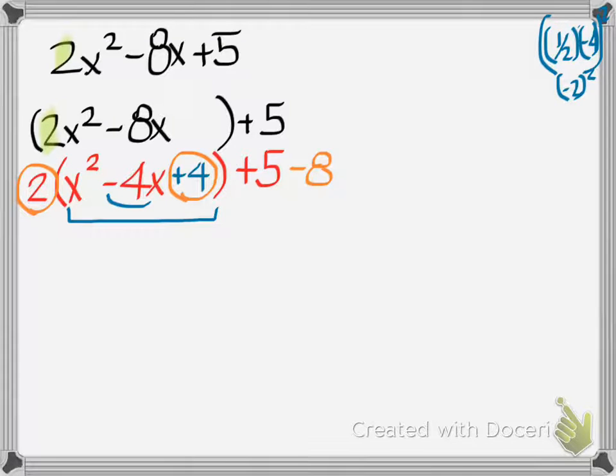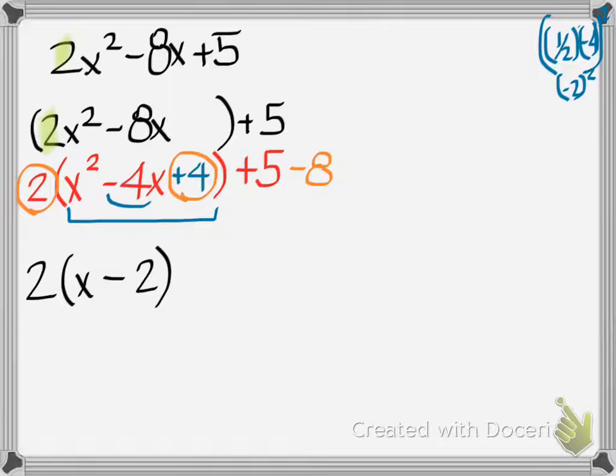At this point, we can factor the perfect square trinomial, and then combine the two constant terms. So I'm going to drop down my 2. When we factor x squared minus 4x plus 4, remember, this is a perfect square trinomial, so we take the square root of the first term, x squared, which is x, then we take the sign of the middle term, which is negative, and then the square root of the final term, 4, which is 2.